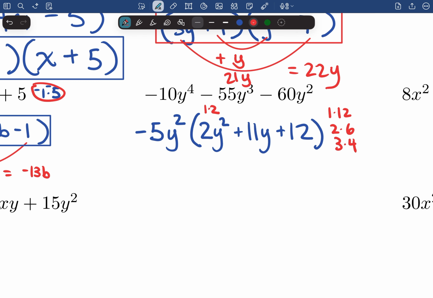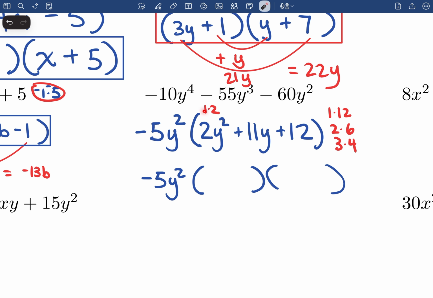And so we're going to set up for success. First, let's write the GCF that we factored out. Then we're going to create two binomials. And since there's only one set of factors here, I know that this is going to be a 1y and a 2y, right? So I'm going to be putting a 1y and a 2y here and here.